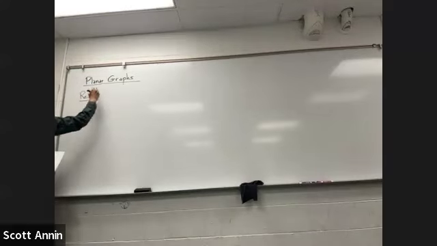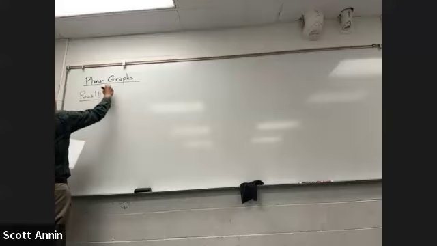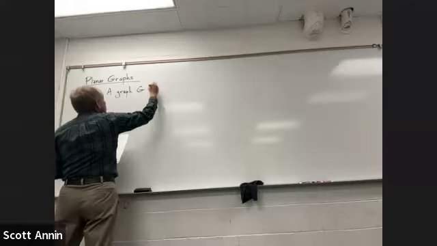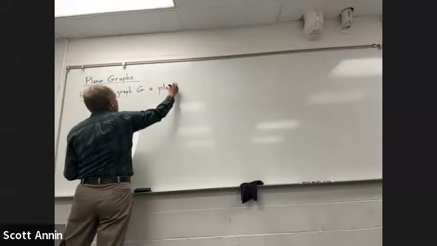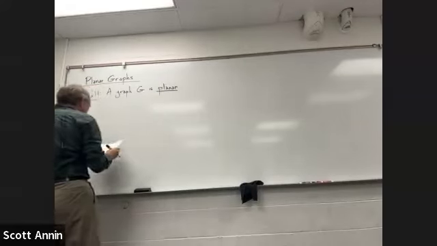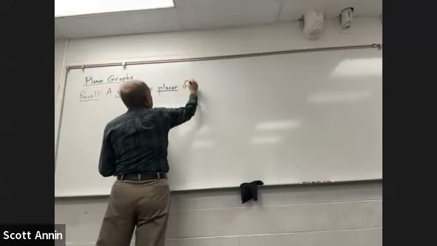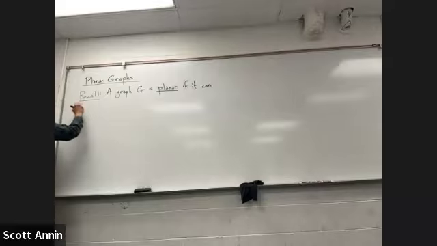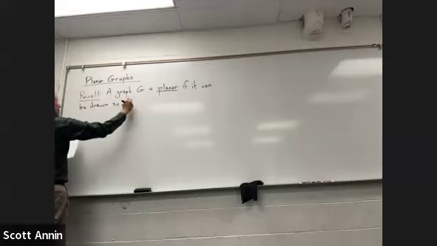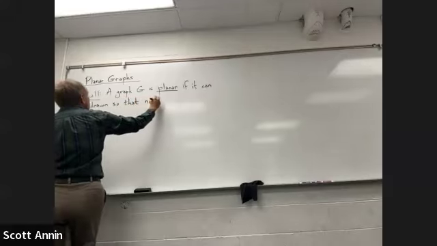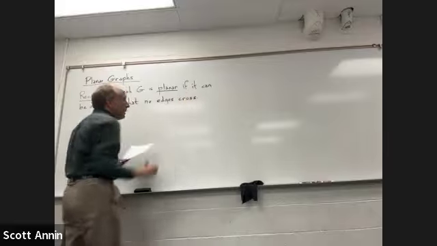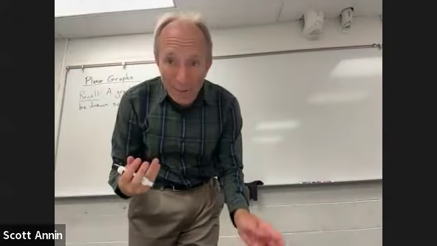So let's recall that a graph G is planar if it can be drawn so that no edges cross. Now, it doesn't mean that it's drawn that way to begin with, right?